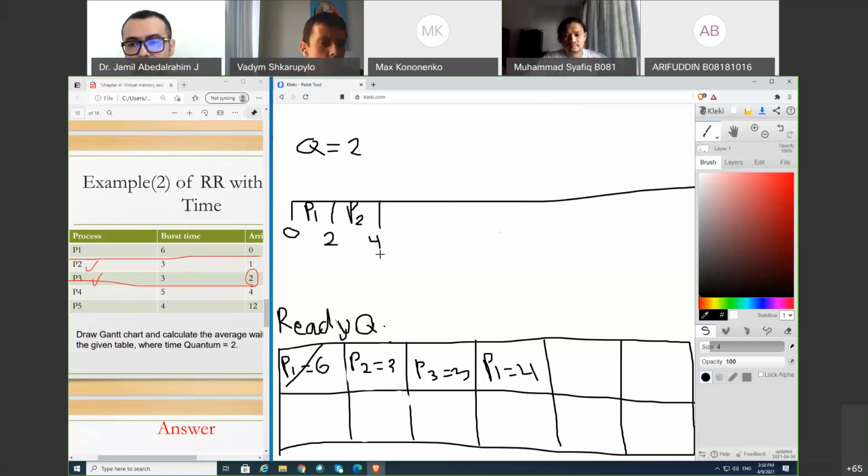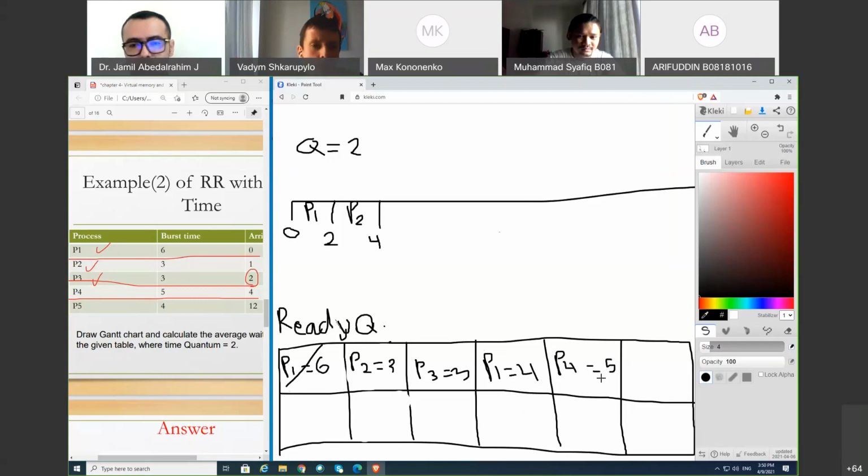How many new processes are ready to enter the memory at 4? Only one, P4. So we write down the new process P4 equal 5.